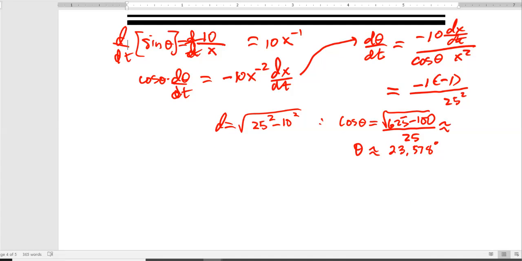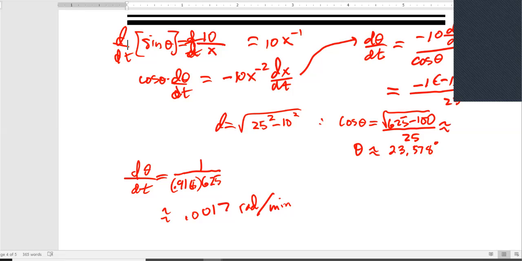Okay, so we got that number. Cosine of theta, there's theta, and this number, let me just, let's see. Okay, so we've got theta and cosine of theta.